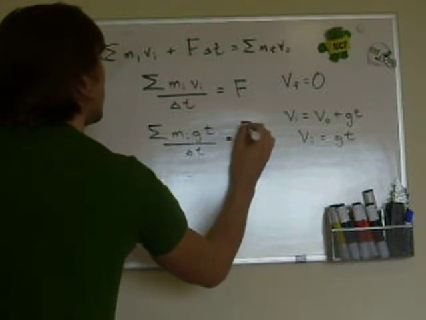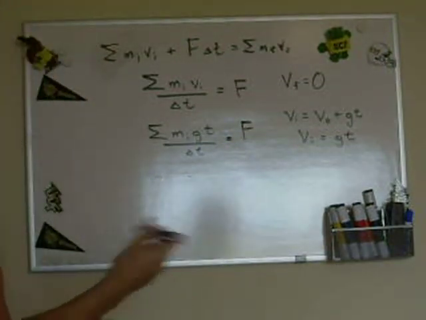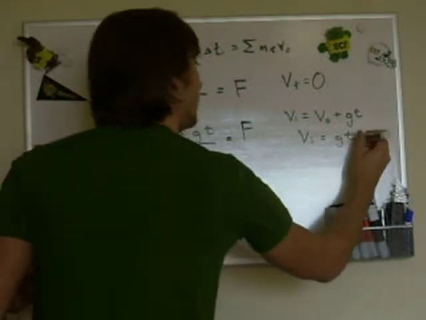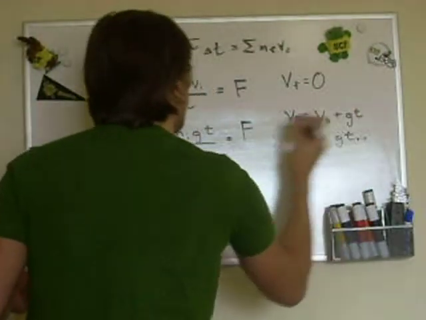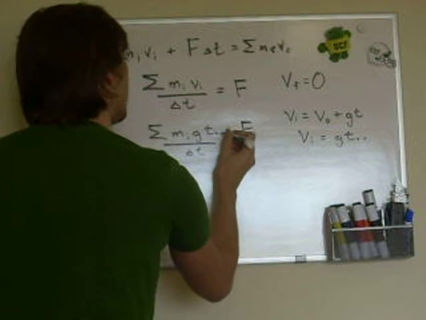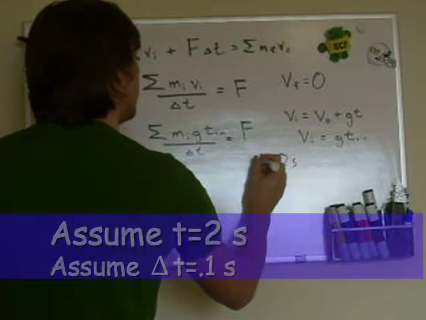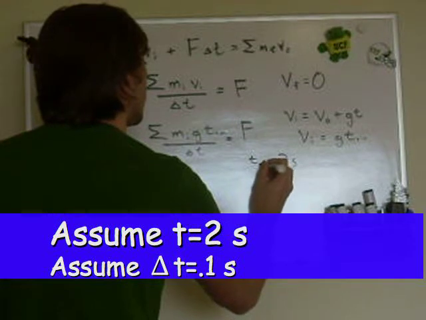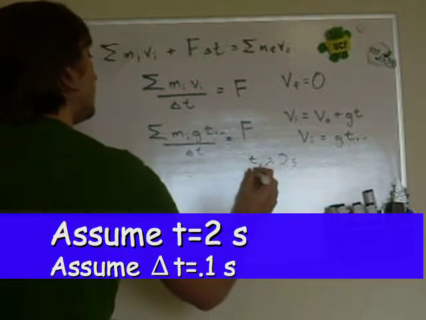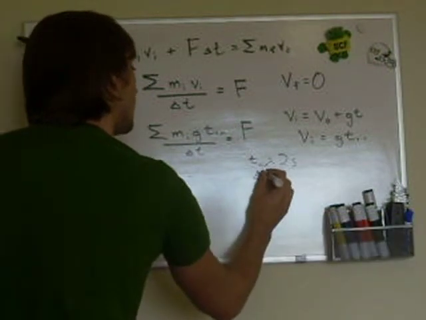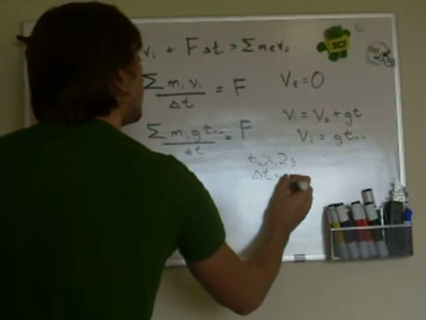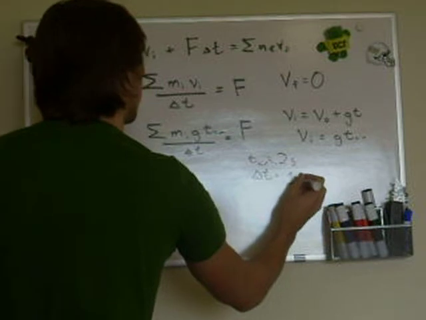And now it's time to calculate it. This t right here is the time that you are in the air, which we assume to be about 0.2 seconds. This delta t is the time that it takes to land, which is about 0.1 seconds.